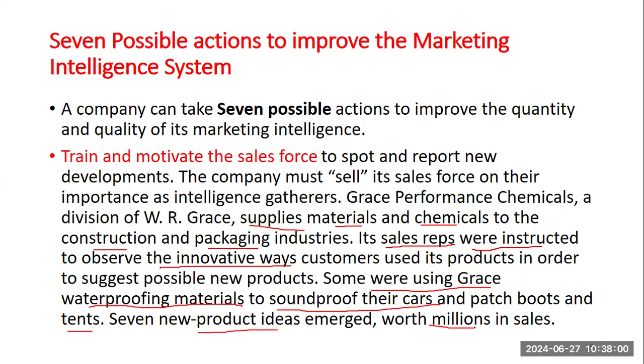Then they gathered this marketing intelligence using the sales force, and they introduced seven new product ideas, worth millions in sales. So now you can understand the usage of this marketing intelligence. They can get new product usage as well.